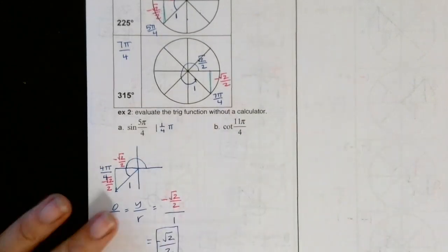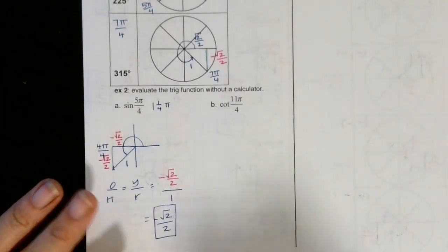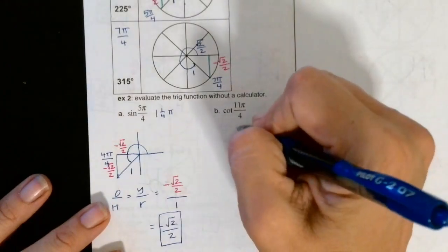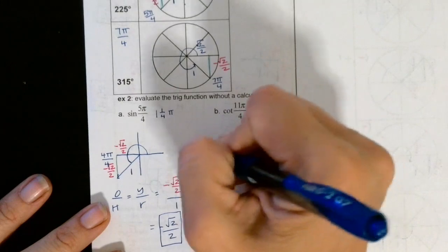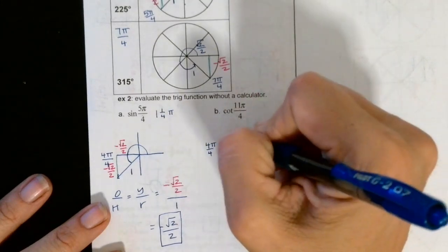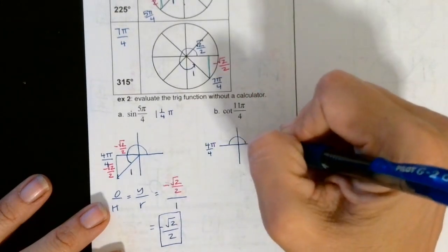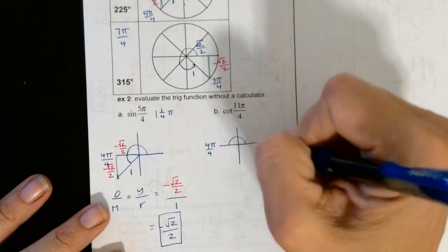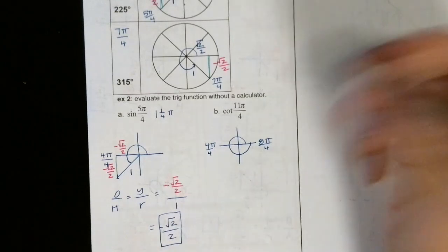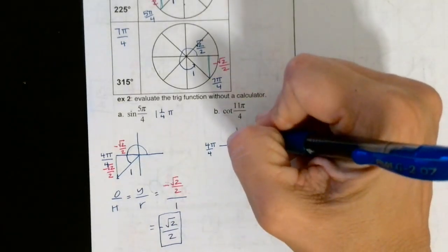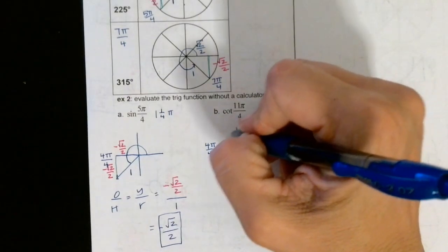Okay, next one is cotangent of 11 pi over 4. Alright, so this is 4 pi over 4. There's 4. This is 8 pi over 4. So now I'm at 8 pi, or 2 pi. And then I have 3 more. So here's 1/4, 2/4, 3/4.